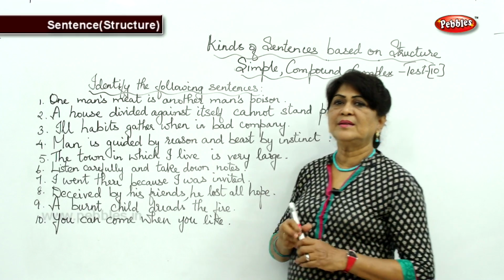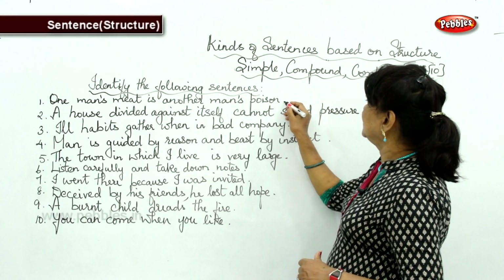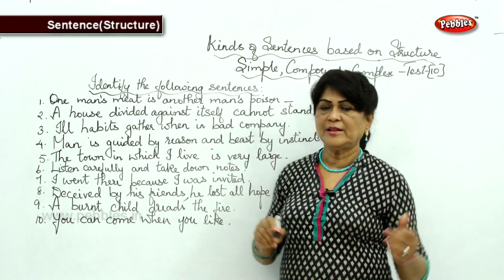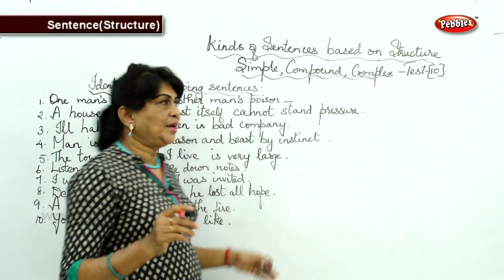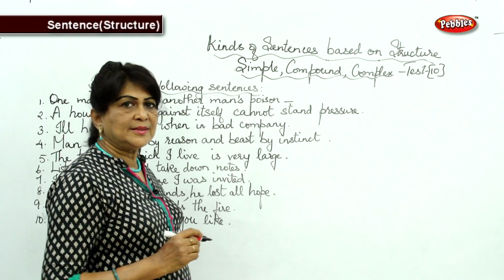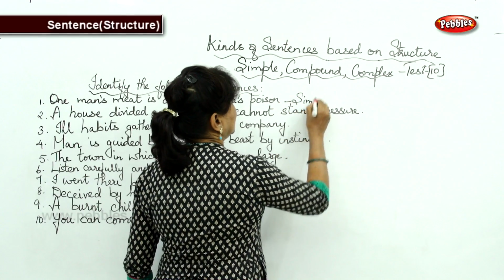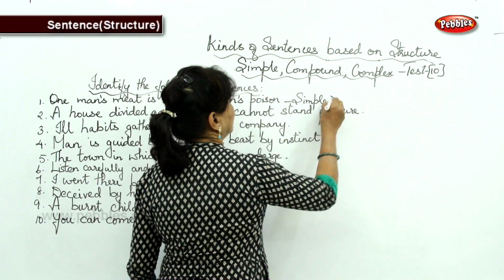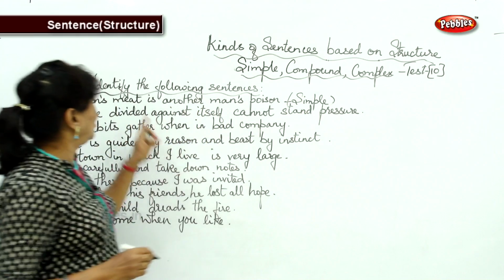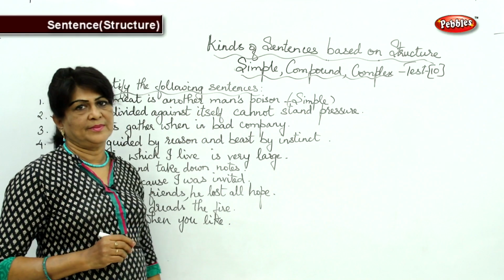So, it is a simple sentence. Have you done it correctly, or do you want some time to finish up the exercise? Okay, this is a simple sentence because it has only one finite verb.